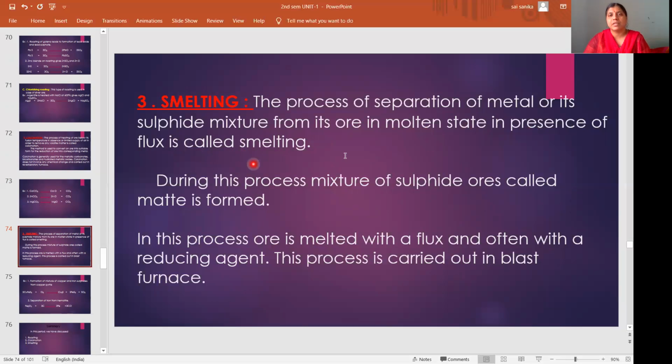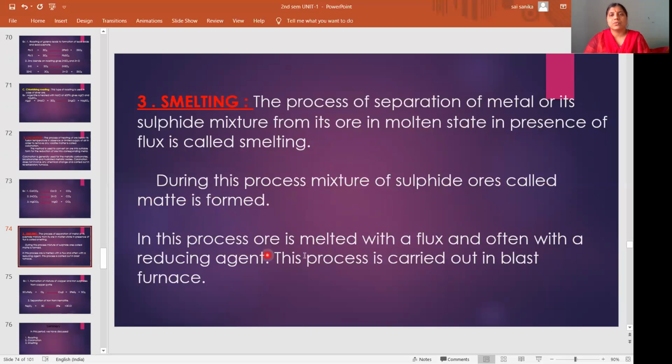During this process, a mixture of sulfide ores called matte is formed. It is one word given for a mixture of sulfide ores.